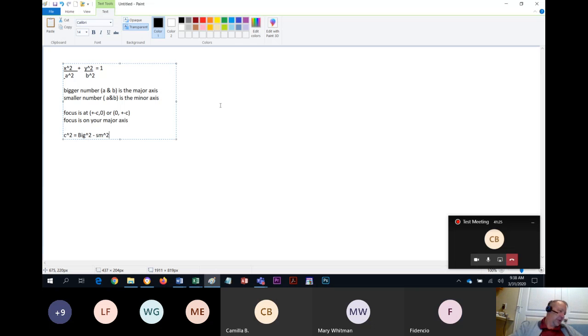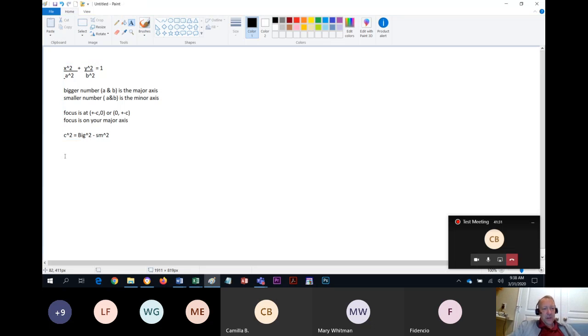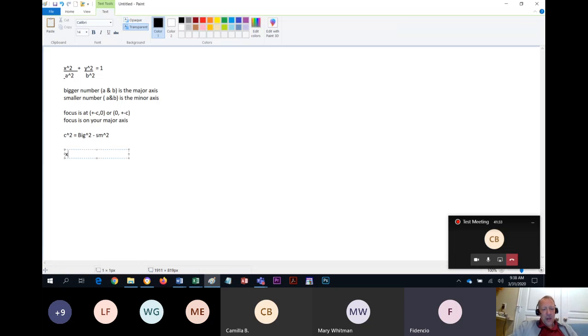So the easiest way to graph one of these, let's just do a quick graph here. If I have x squared plus y squared equals 1, I'm going to underline these so they look like a fraction.